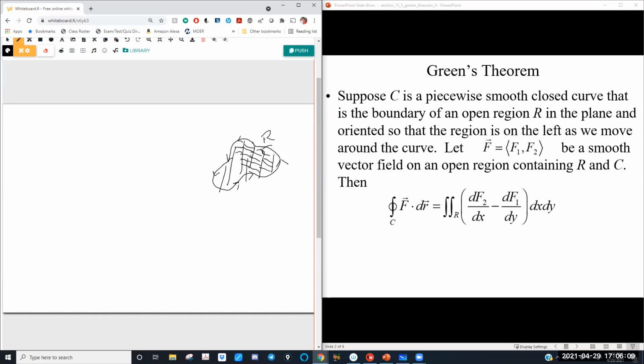So if I expand on two of them side by side, on this one we're going counterclockwise, and on this one we're going counterclockwise. But look what happens when I get here.